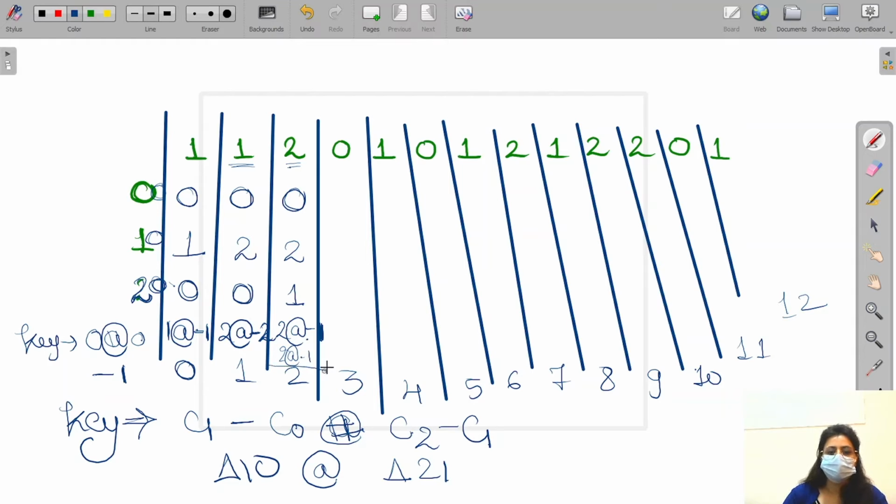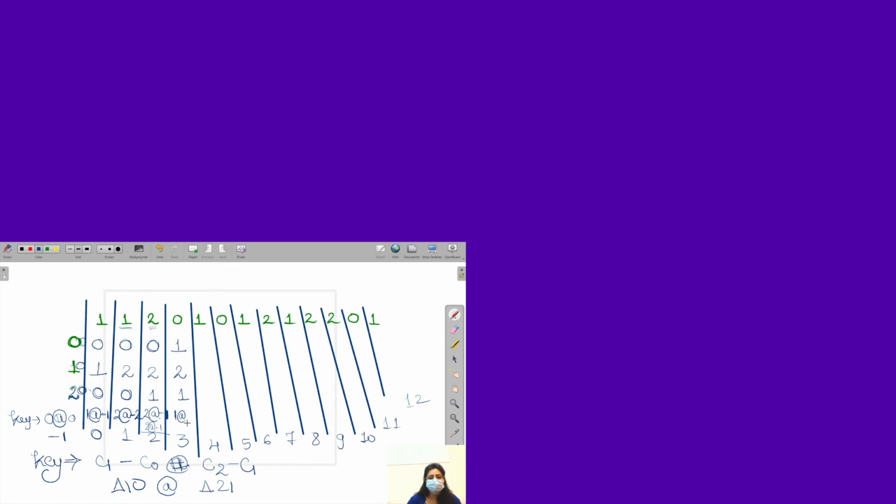Now 0 came. We have count of 0 as 1 now, count of 1 as 2, count of 2 as 1. The key would be 2 minus 1, which is 1, at the rate 1 minus 2 is minus 1.